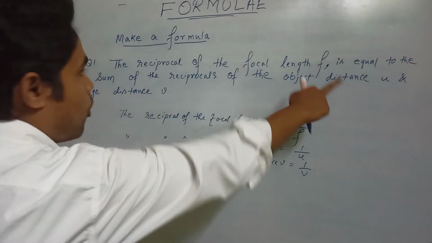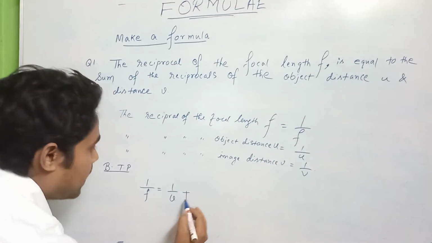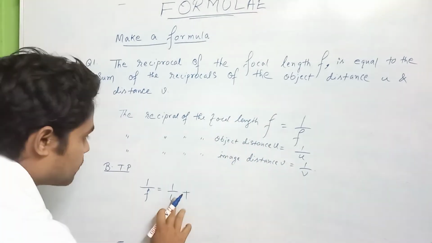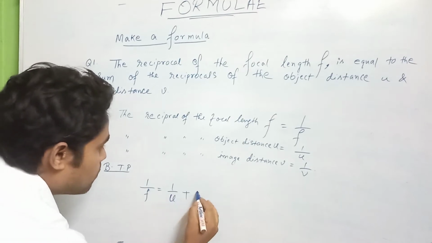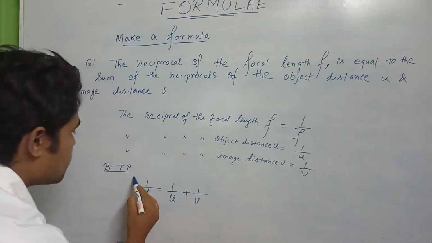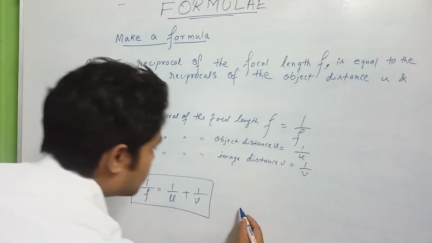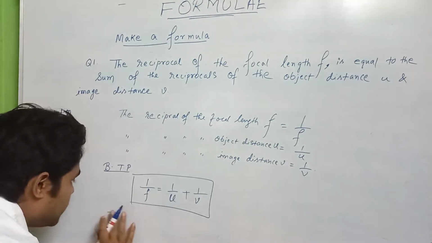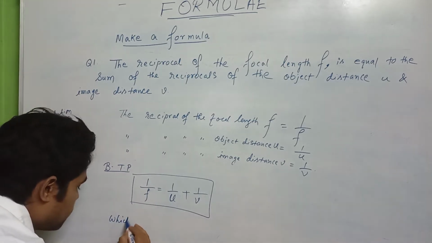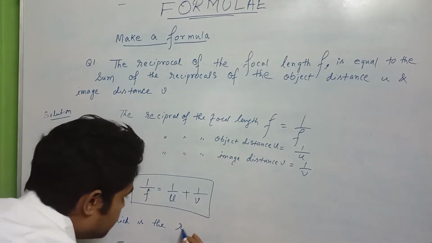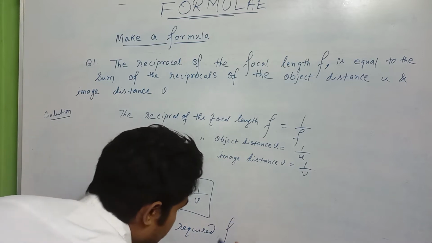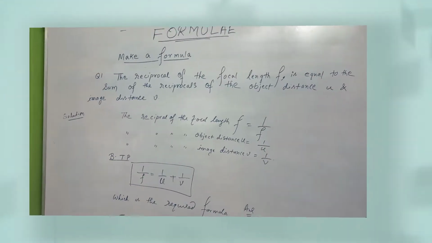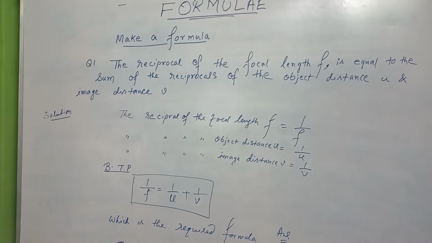The reciprocal of the object distance and the reciprocal of the image distance, 1 by u plus 1 by v. So this is the formula. So you can write here the required formula. You can take a screenshot.